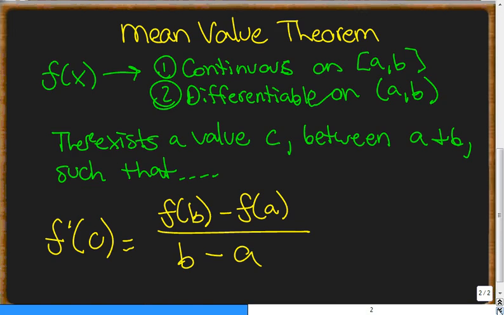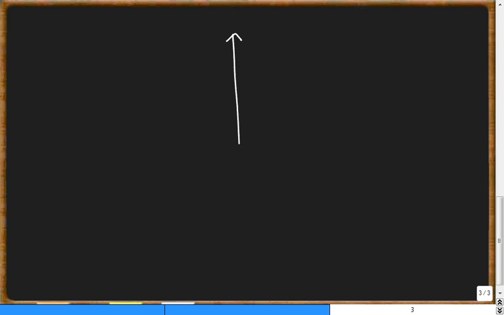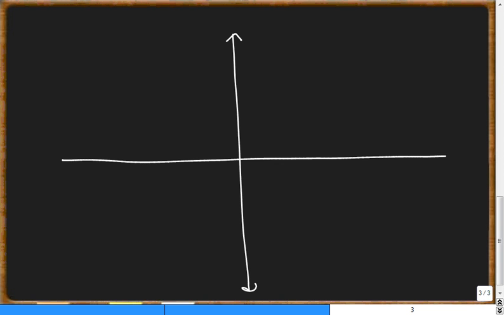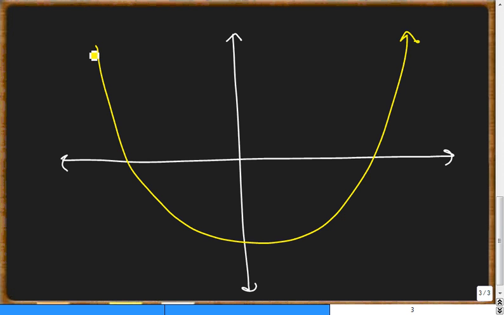So what does this look like? Think of any function that maybe has a varying slope between places. Does not matter. So let's say we'll just pick these. And we'll say this is A and this is B. So we're looking at the slope between A and B, just the line.